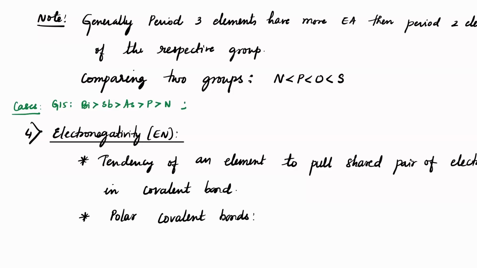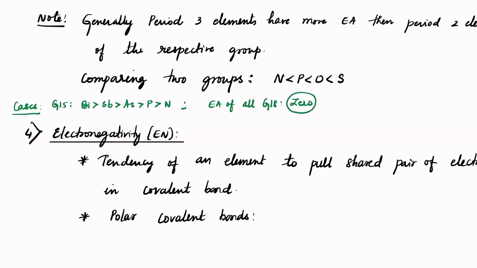Okay, and then when it comes to group 18 here, if you compare the last one, group 18, generally the electron affinity of all group 18 elements is assumed to be zero.